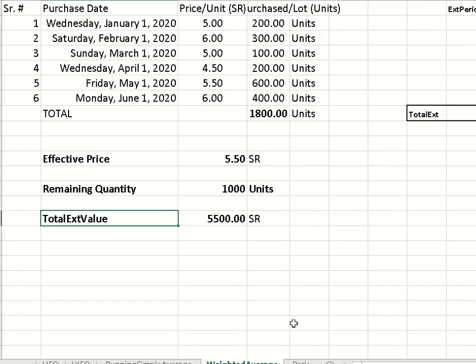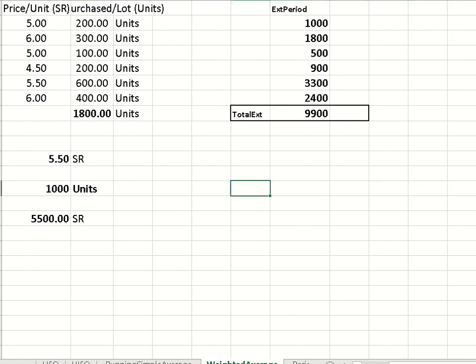The weighted average is this. You are aware of this now. This is the quantity, and these are the unit prices. So you multiply the two together, 5 by 200, so you get 1,000. So here you have 6 times 300, 5 times 100, and so on and so forth.